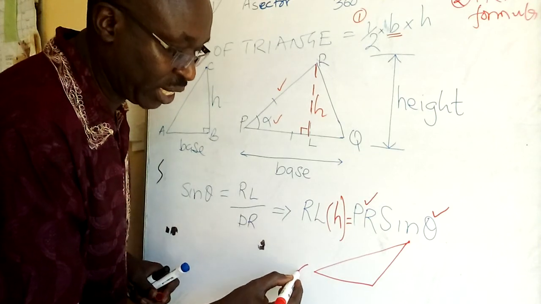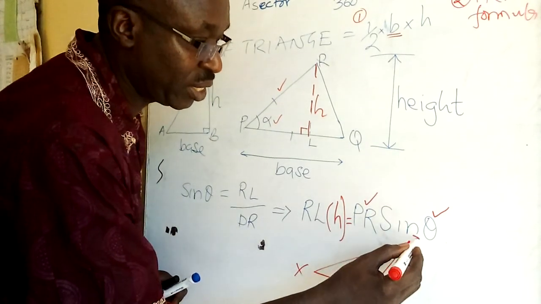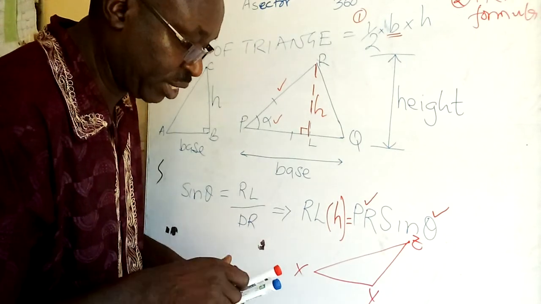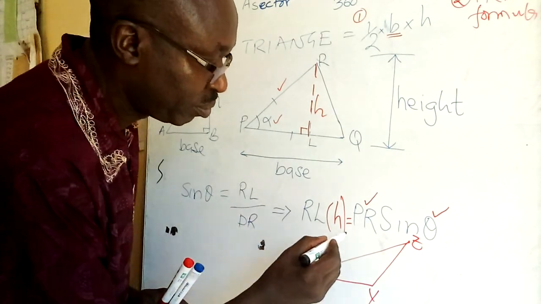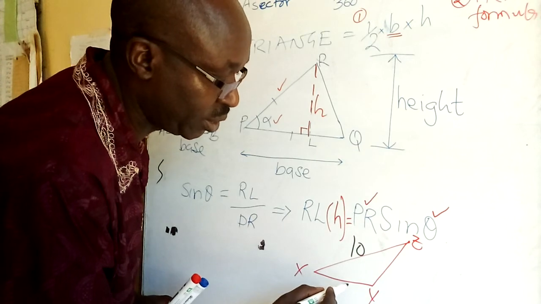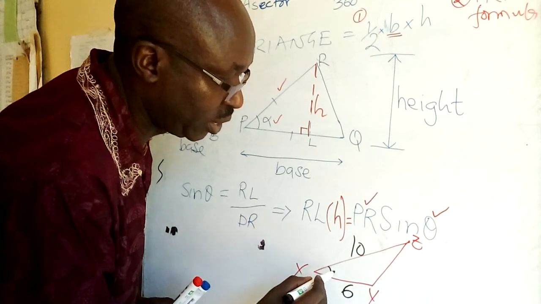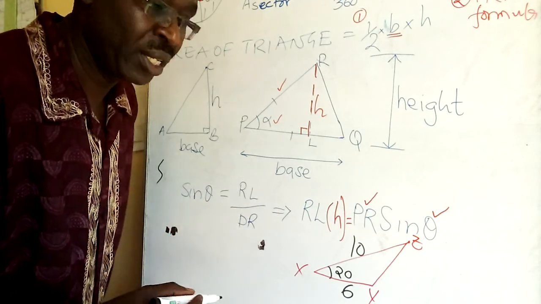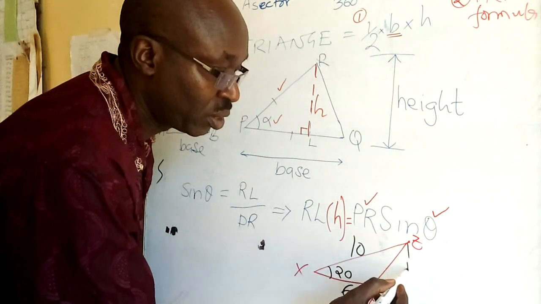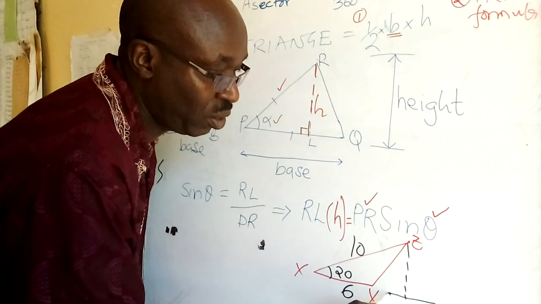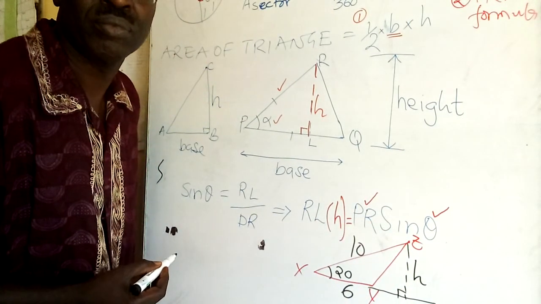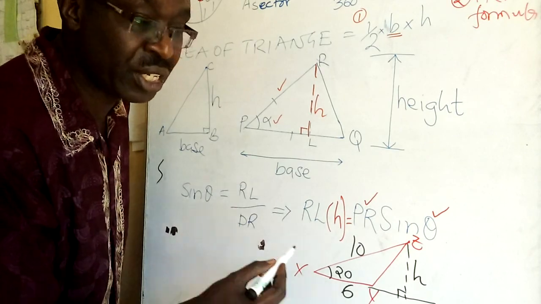I call it X, Y, Z. And suppose I'm given this is 10, this is 6, and this is 20. Okay? So, look. That is the vertical height. This is my H. But my base is 6.